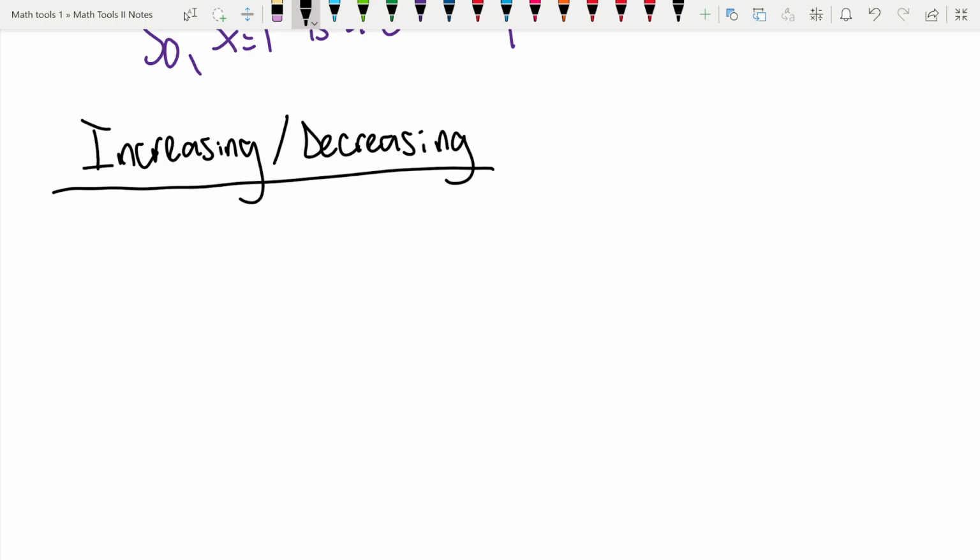Okay, so we can extend that past the entire function needing to have a positive first derivative. Just in general, we can say, let f be a function.